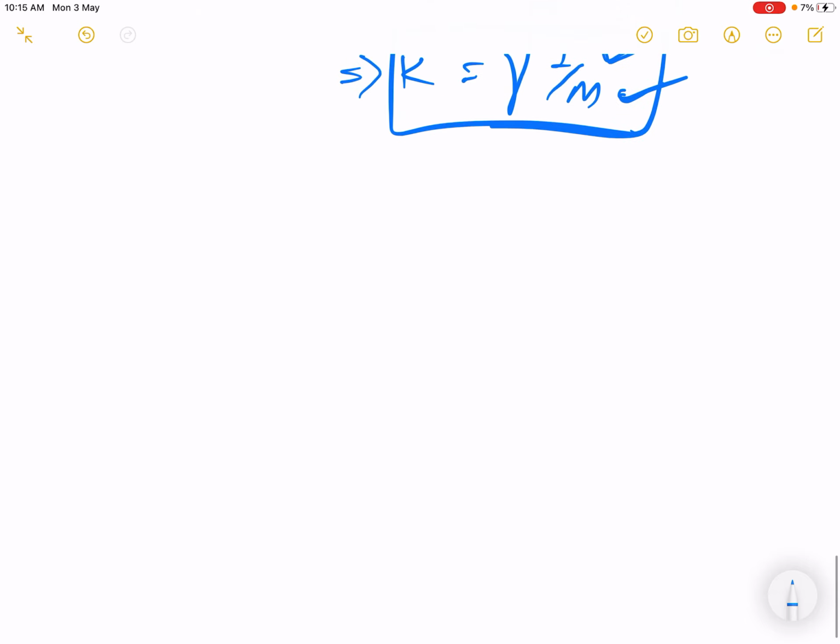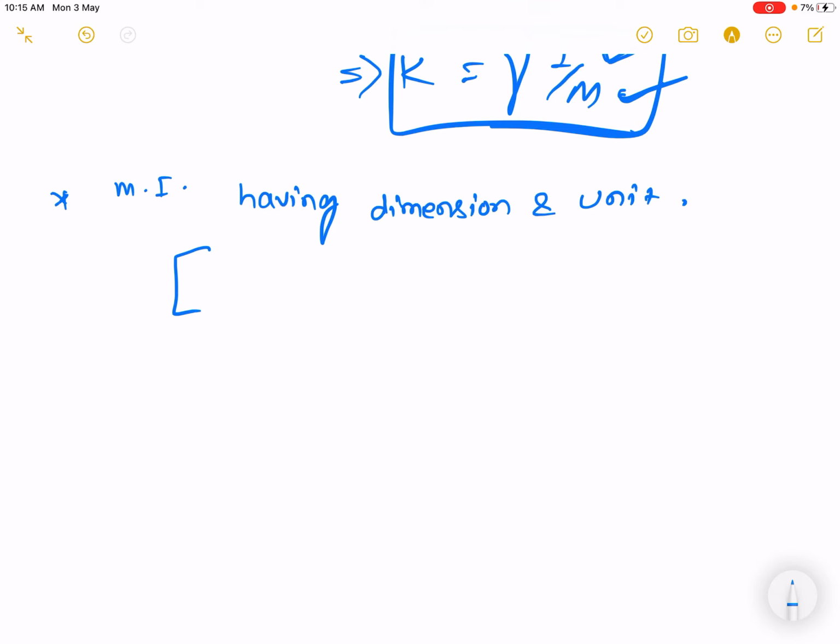Moment of inertia has dimension and unit: how much? M1, L2, T0 and unit kg into meter square.